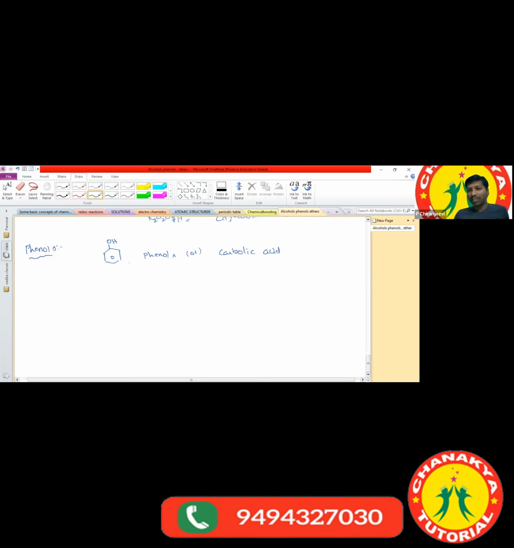If it has one OH group, what are the names? If it has two OH groups, what are the names? We saw this at the time of classification. In phenols, the OH group is attached to an sp2 hybridized carbon atom. Now let us see how we are going to prepare phenol.